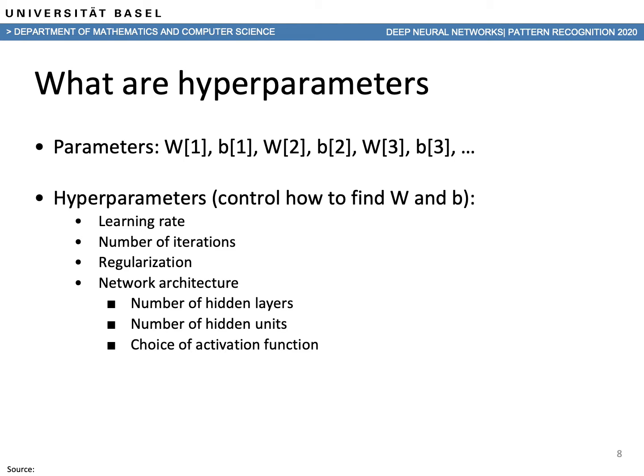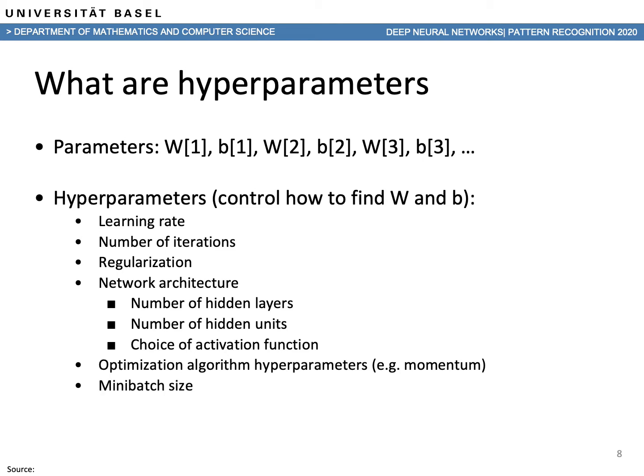All of this is essentially different hyperparameters. And also the optimization algorithm that you're using. For instance, we'll later on in this video be looking at momentum. And you can also change the batch size. Instead of optimizing over your full dataset, you can use what is known as mini batches.